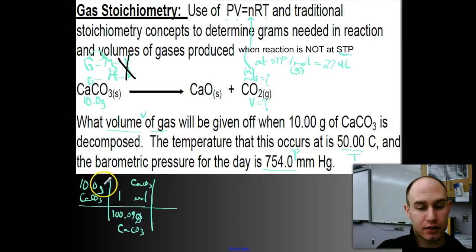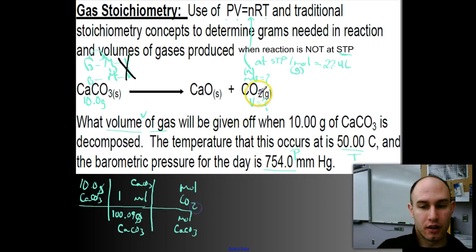So my grams cancel. I'm now in moles of CaCO3, so I'm going to bring down moles of CaCO3, and I'm going from mole to mole, to moles of CO2. So what is my mole ratio here? 1 to 1.